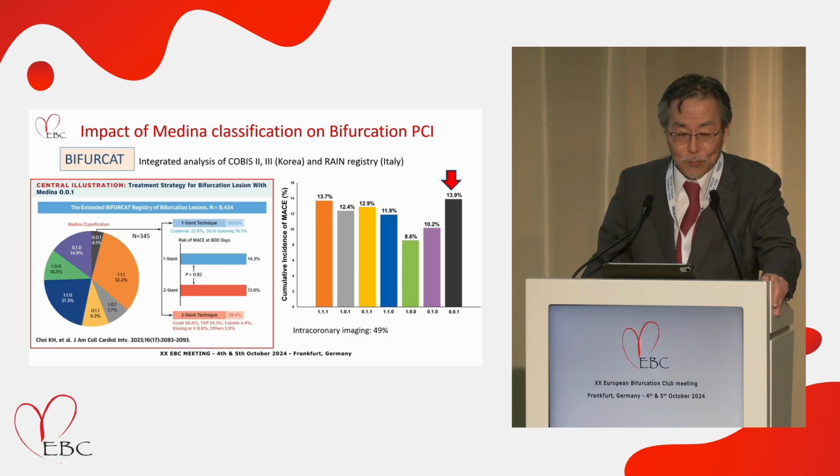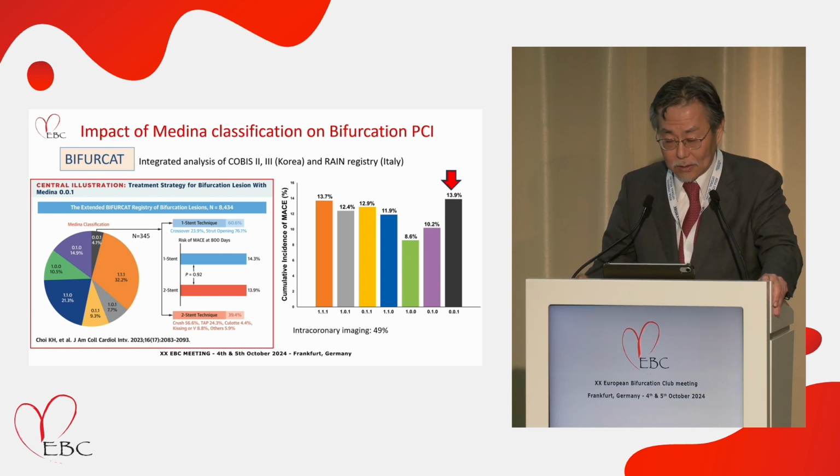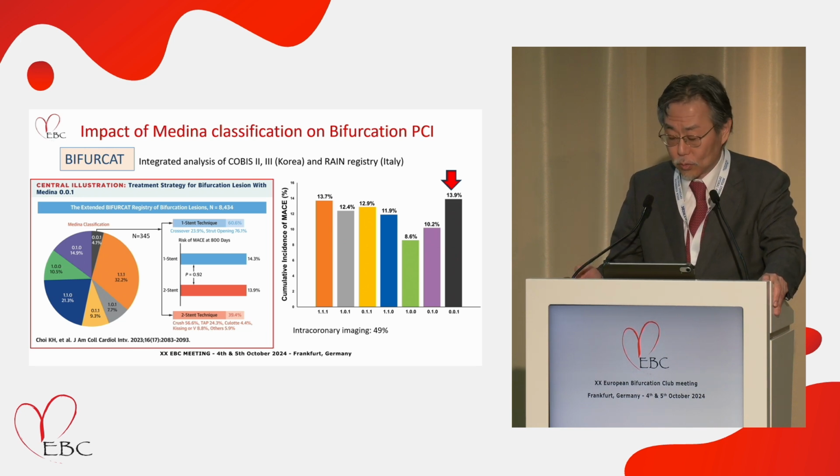The previous speaker, Dr. Nam, demonstrated the bifurcated trial, which is the integrated analysis of COBIS 2 and 3 from Korea and the RAIN registry from Italy. It included more than 8,000 bifurcation cases, and it showed a similar trend: the 001 region has a worse clinical outcome compared to other non-true bifurcation regions.